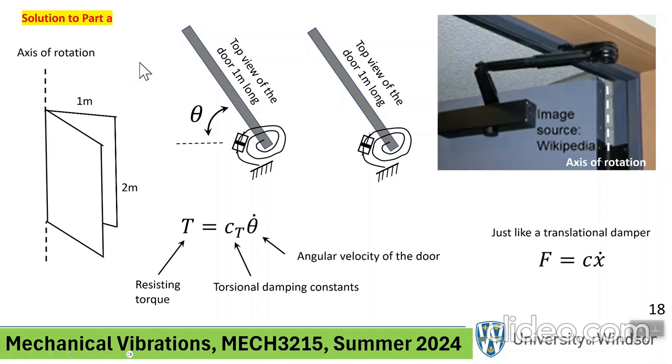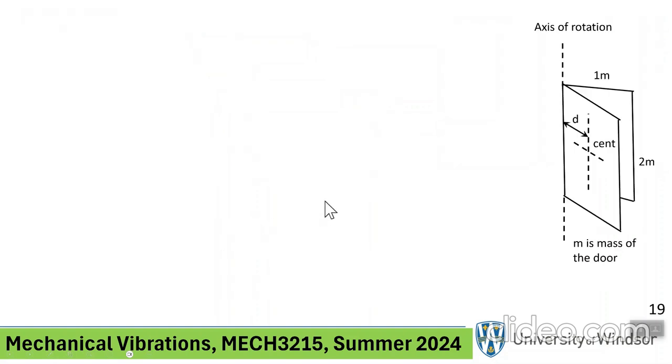Okay? So this is torque, because we're dealing with a rotational system. In general, we have, for example, translational force proportional to velocity. Here it's proportional to angular velocity. And this is the situation. The mass moment of inertia about this vertical axis, the dashed vertical axis, was 7.5.